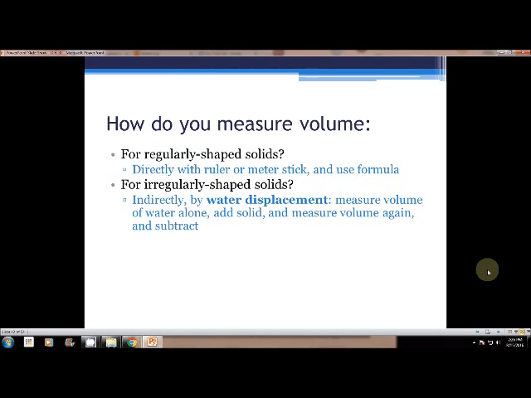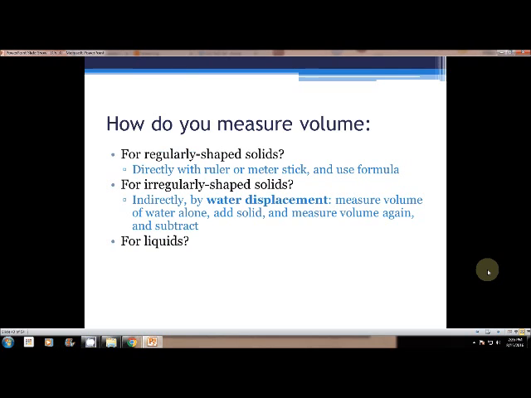Those are what we call irregularly shaped solids. We do this indirectly by water displacement, where you put some water in a graduated cylinder and measure the volume, add the solid, and then subtract the volume at the beginning from the volume at the end, and that tells you the volume of the object.